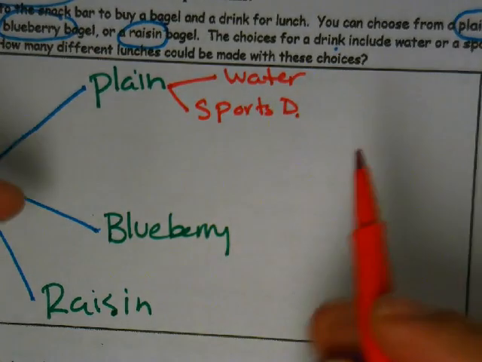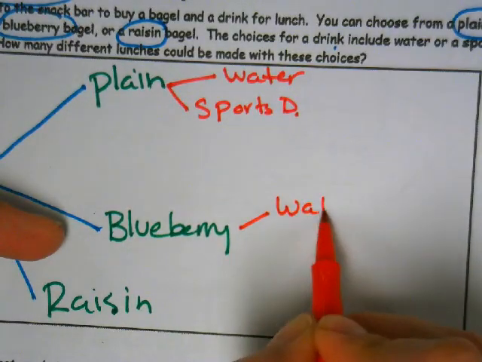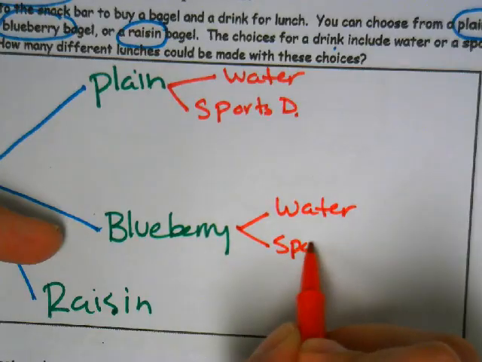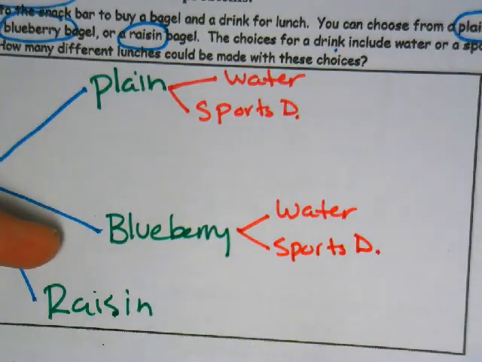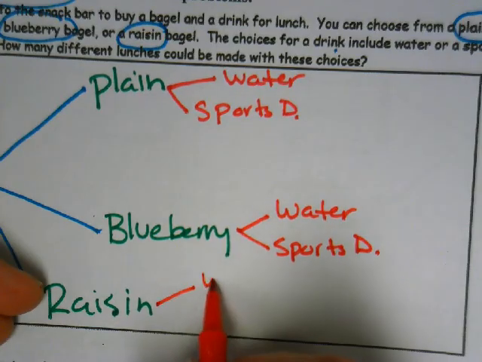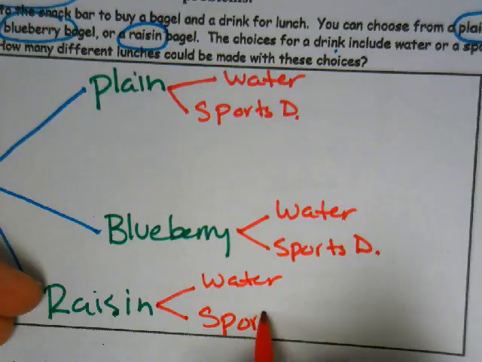Could I order a blueberry and what? Or a blueberry with? Raisin. What else can I order with the raisin bagel? Water. Or I can order sports drink.